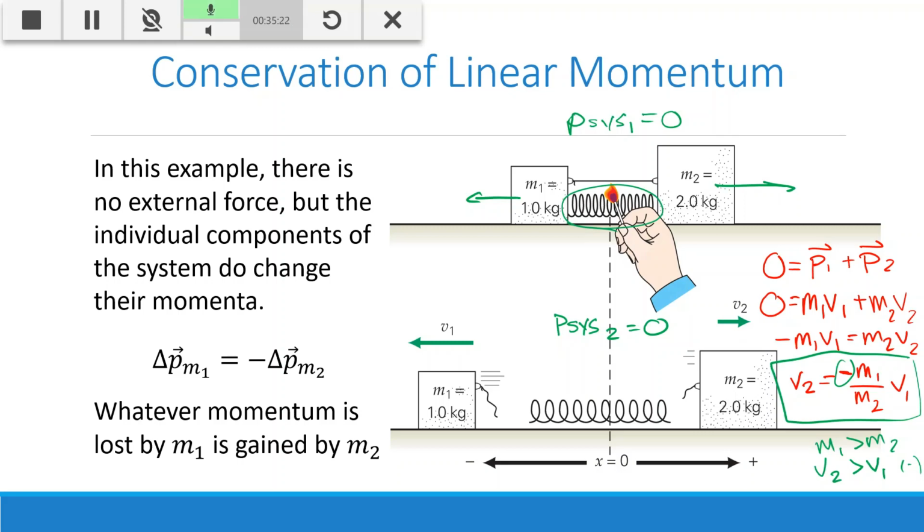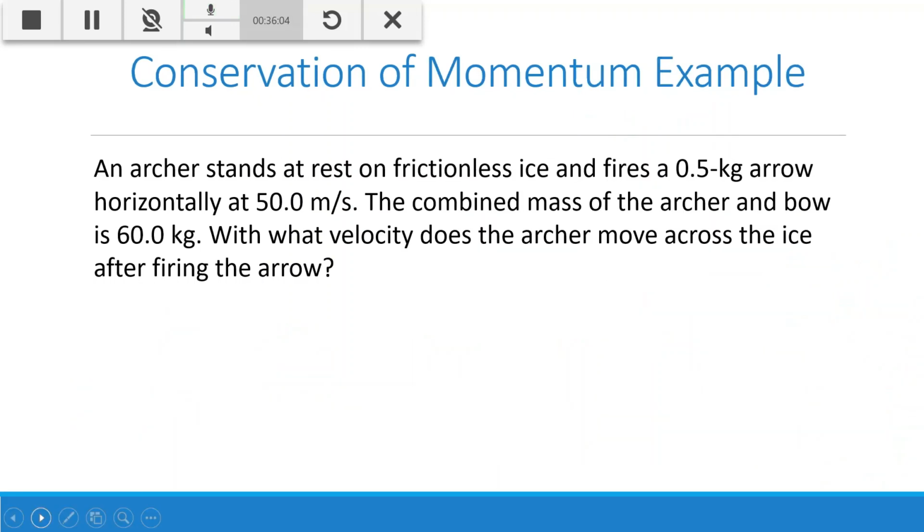Given more information, you might be able to find some of those missing values as well. So we can summarize this by saying that the change in momentum of one object has to be equal and opposite to the change in momentum of the other object. Whatever momentum is lost by m1 is gained by m2.